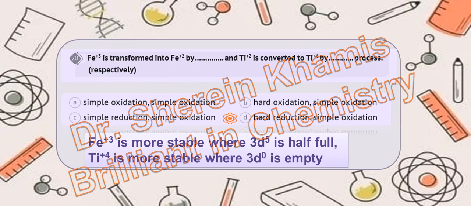If we convert from less stable to more stable, we have oxidation. If we convert from more stable to less stable, we make reduction. In the case of iron, we make hard reduction as it needs large energy to convert from iron +3 to iron +2. In the case of titanium, we make simple oxidation as we convert from less stable to more stable Ti+4. So the right answer here will be letter D.